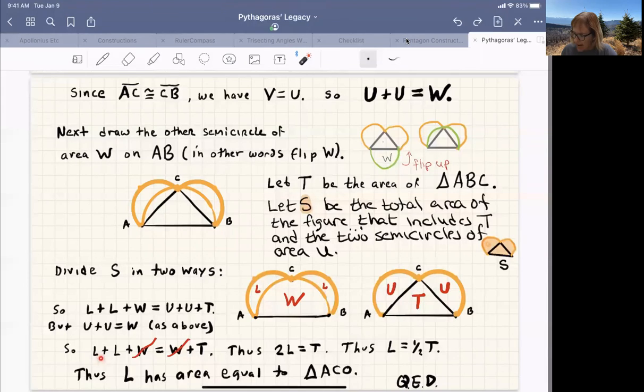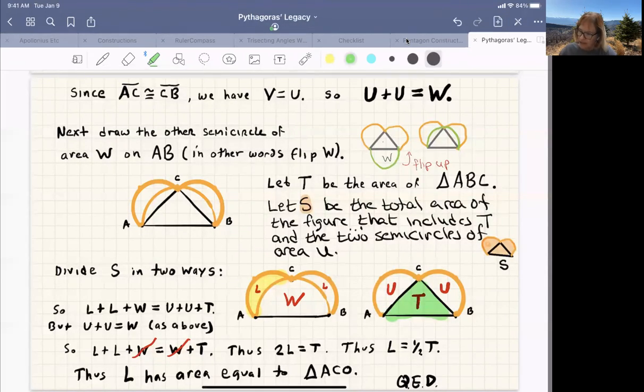So this side becomes 2 times L. This side is just T. So we get 2L is equal to T. Thus, L is 1/2 of T. So that means that the area of this lune is 1/2 of the area of this.